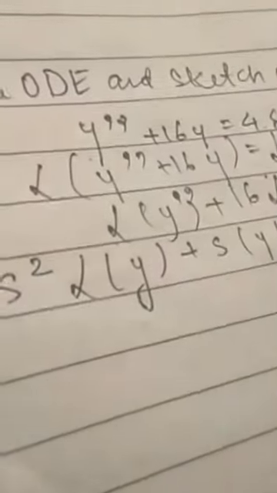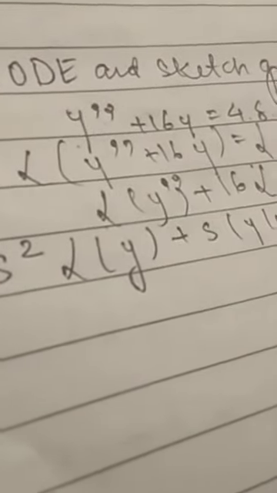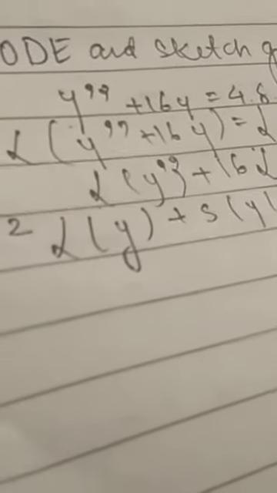Now this Laplace of y can be written the same, plus 16 Laplace of y, and whenever there is a delta function in the Laplace, it is nothing but e power minus as, where a here is 3 pi, so this is equal to e power minus 3 pi s.